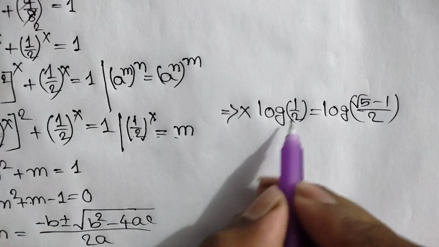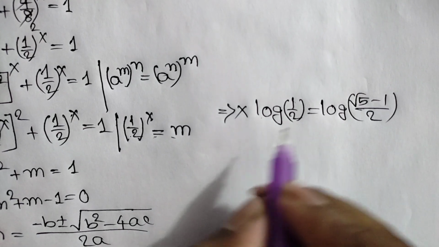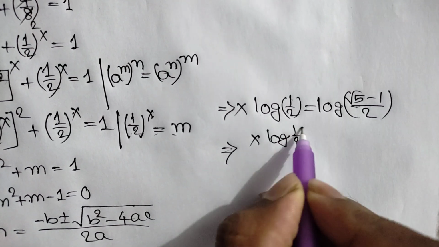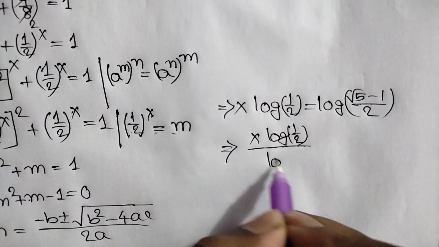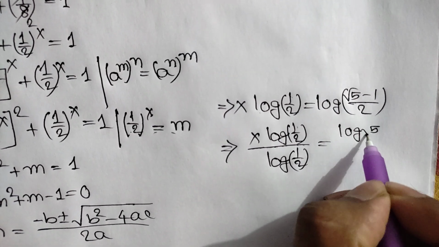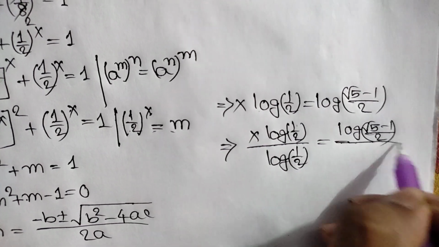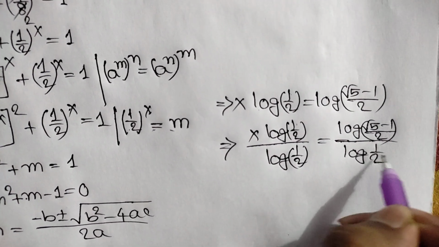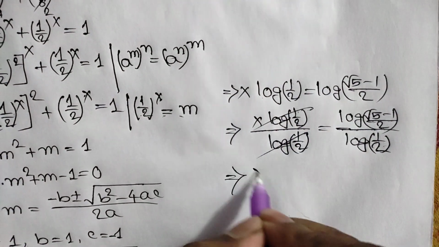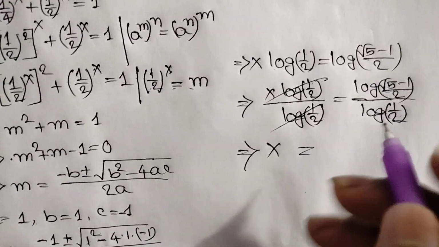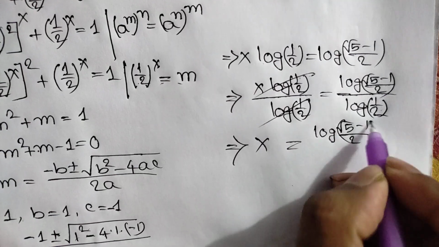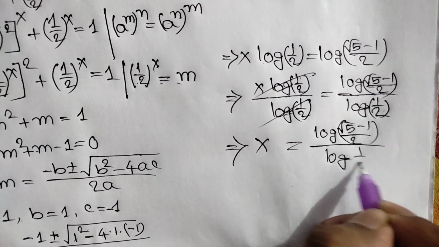We need the value of x, so dividing both sides by log of 1 over 2, we can write x times log half over log half is equal to log of square root of 5 minus 1 over 2 over log of half. This cancels out this, so the value of x is equal to log of square root of 5 minus 1 over 2 over log of 1 over 2.